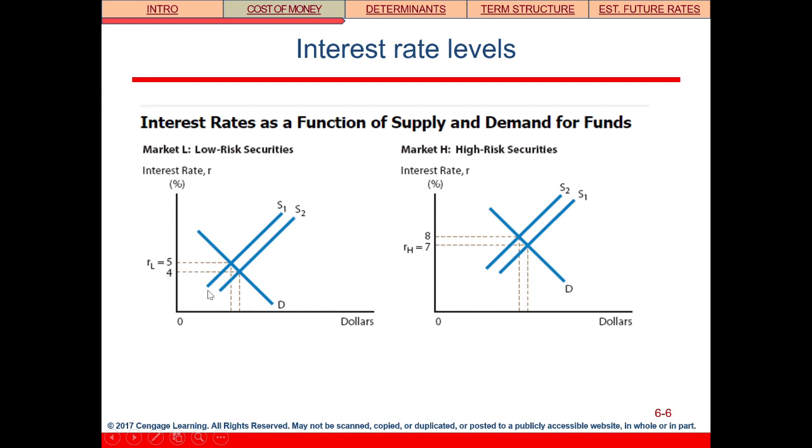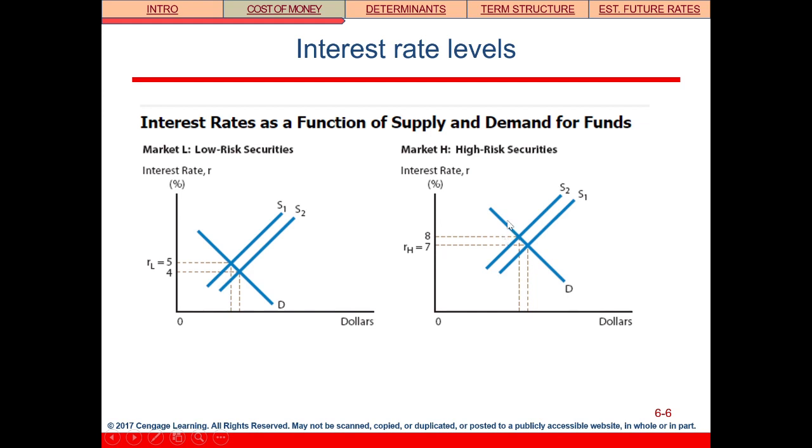So you see that when the market is risk averse, when people all want a flight to quality, they all want to invest in low risk securities. The supply for the low risk has increased, meaning that the interest rate for the low risk securities is going to decline, while the supply for the high risk securities is going to reduce, and in this case the interest rate goes up.